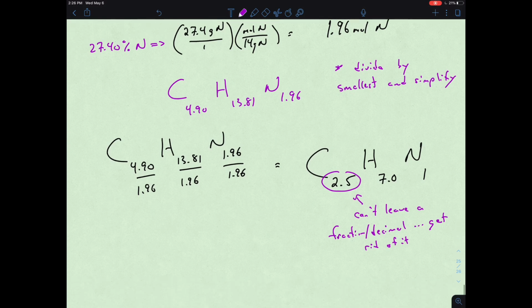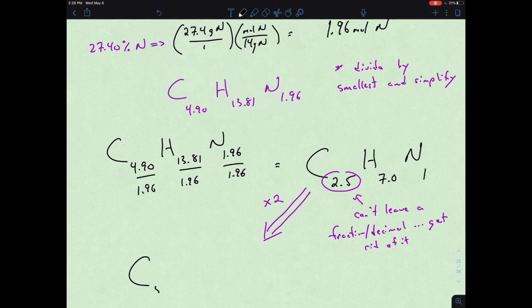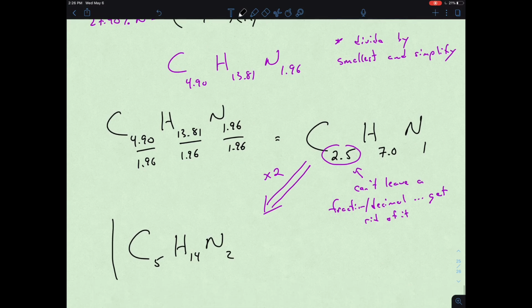And that's pretty simple to do. If we multiply through by 2, that gets rid of that fraction. And so there is our first part of the question.